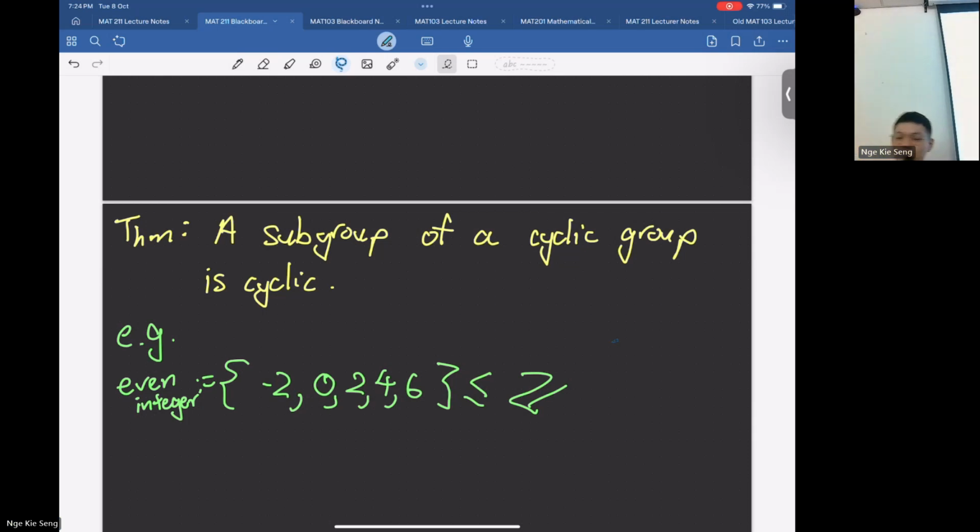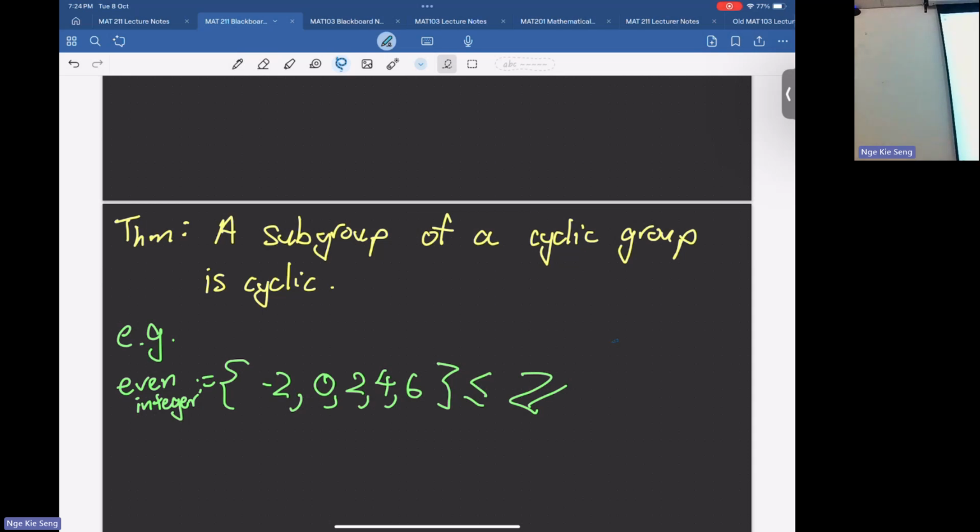Do you agree this is a subgroup? Identity inside here, inverses, got. And if you do addition, do you still get all the even integers? So the claim by this theorem says this is cyclic.